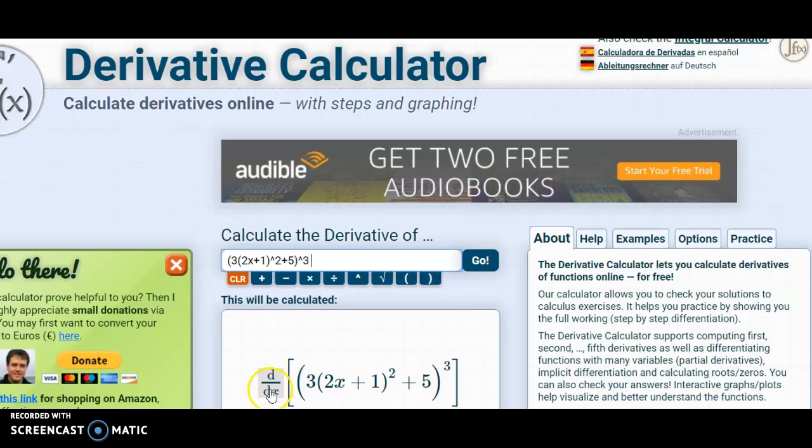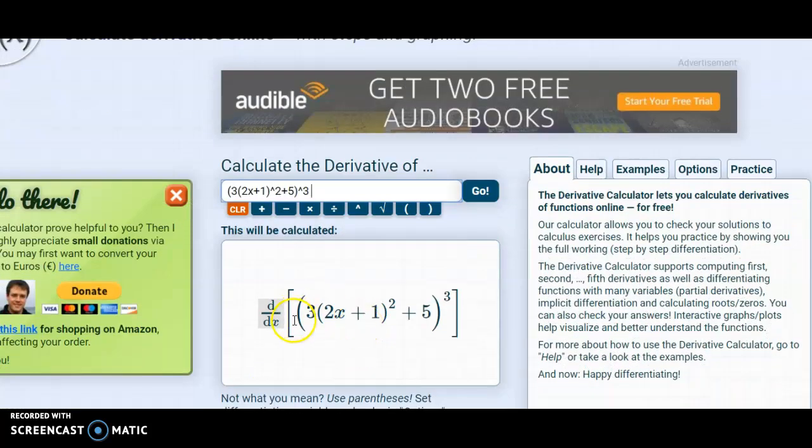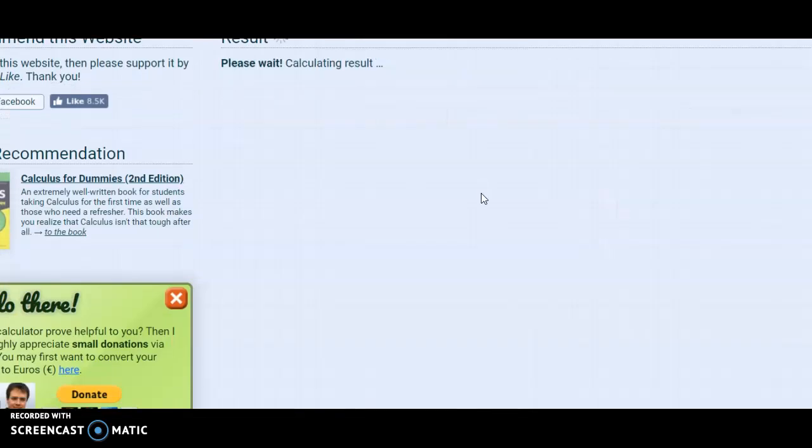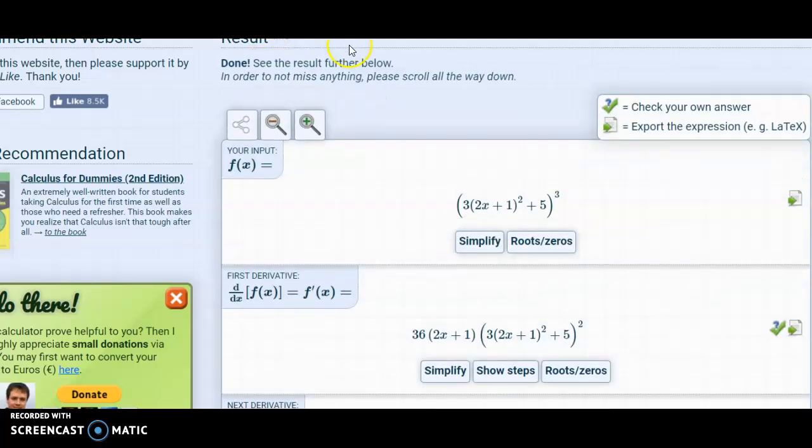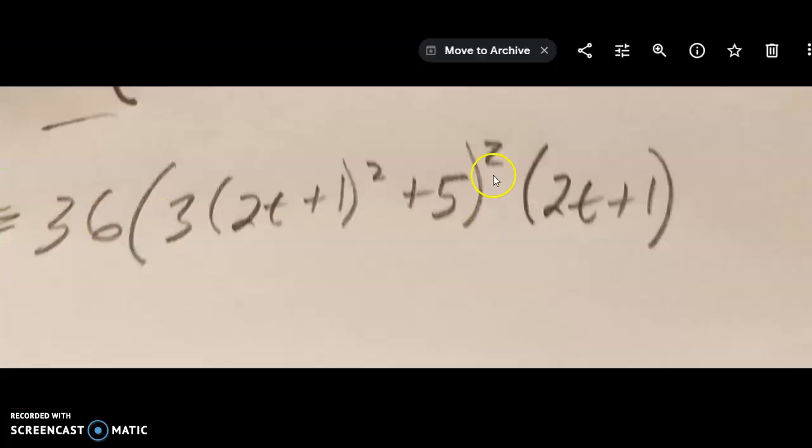Let's see. Does that look about right? Yeah, 3x squared plus 2x plus 5 cubed. And I can say go. Please wait, calculating. So there's your input, and here's the output. And you notice the 36, and then they move the smaller piece in front, but there's the rest. Oops, right there. So here's the same answer, they just moved that small piece in front.